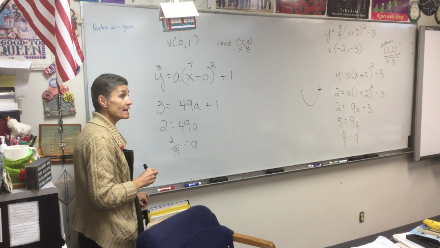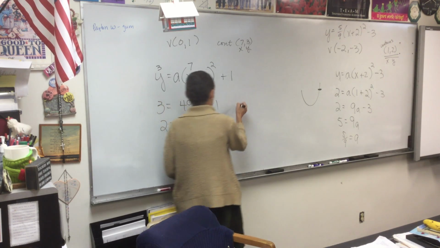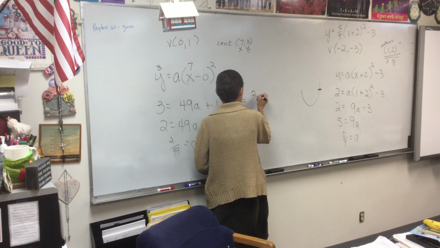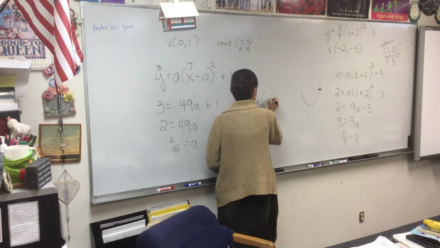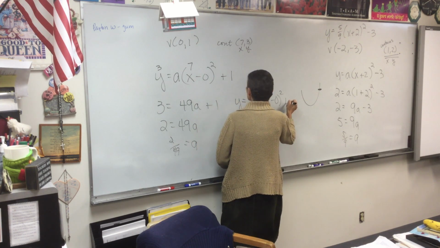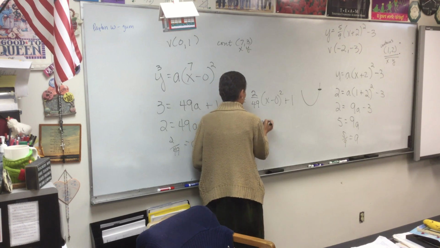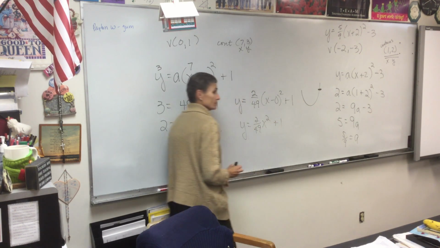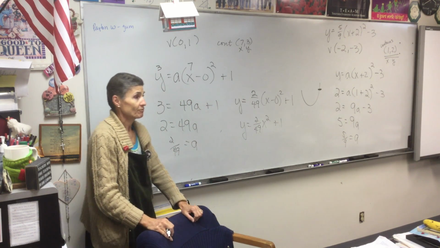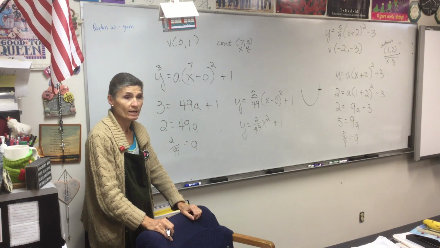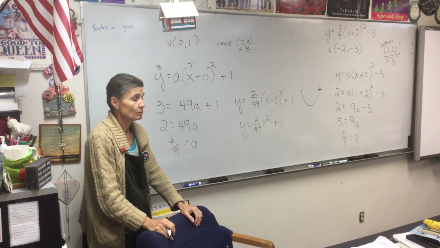So when I write my answer, I can write it like this. Or, if I want, I can just write it like this. You don't have to put that 0 in the equation unless you want to.